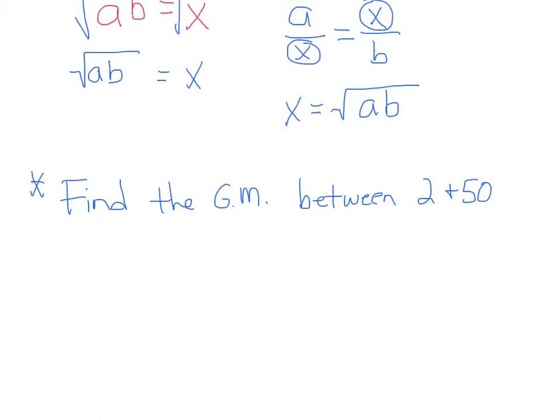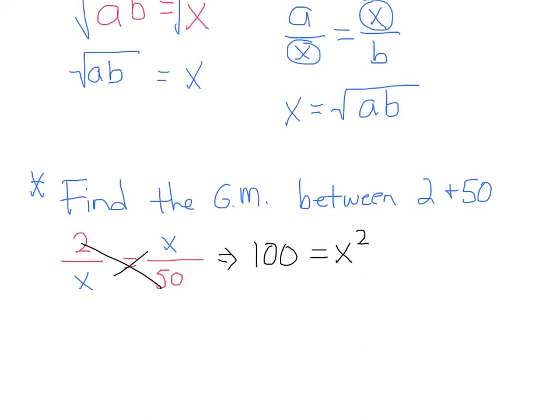I'm going to set it up both ways. One way is that we write the proportion. So we put 2 and 50 in these two spots. We then put x and x in those two spots. And now we're going to cross multiply and solve. 2 times 50 is 100. X times x is x squared, so those two cross products are equal.